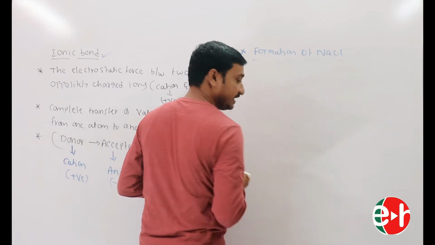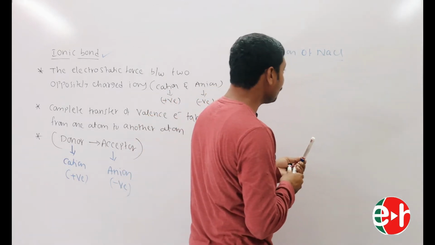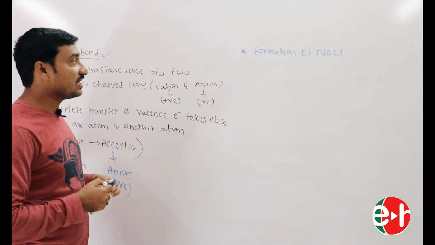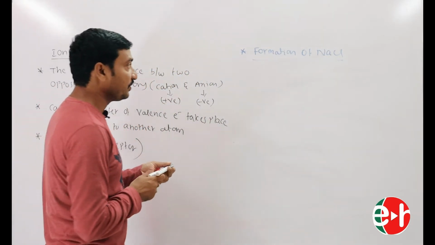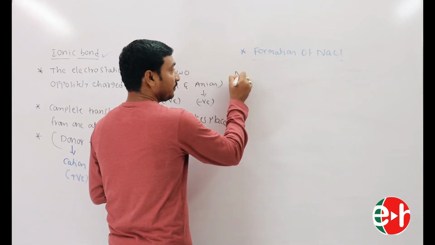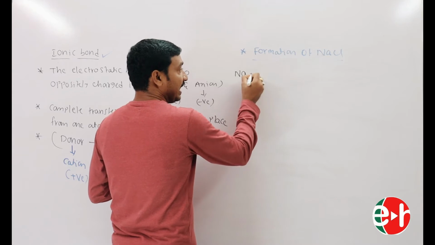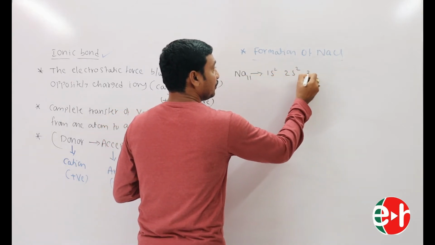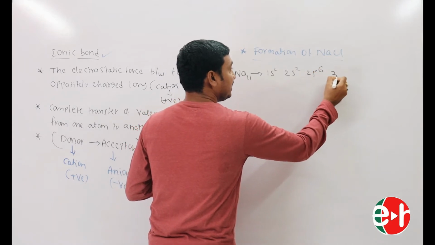Example, formation of NaCl, sodium chloride. In the formation of sodium chloride, what happened? We know sodium atomic number 11, electronic configuration 1s2, 2s2, 2p6, 3s1.